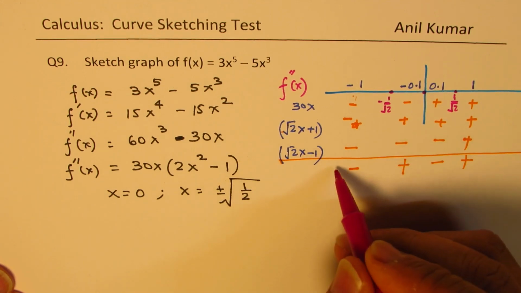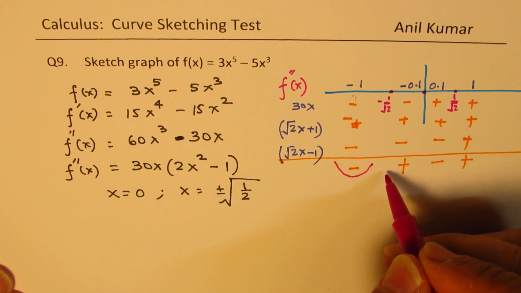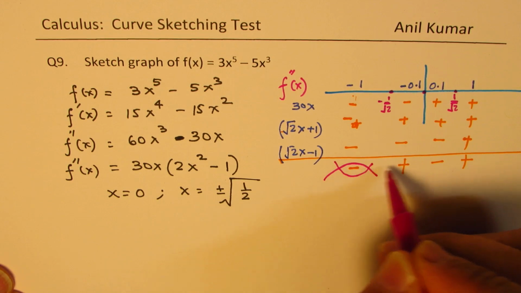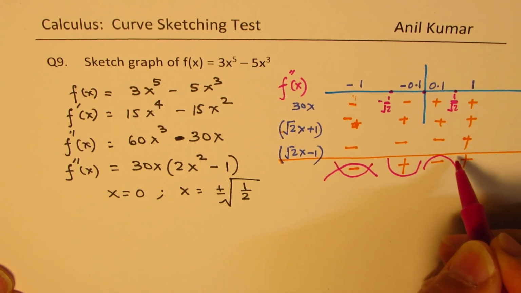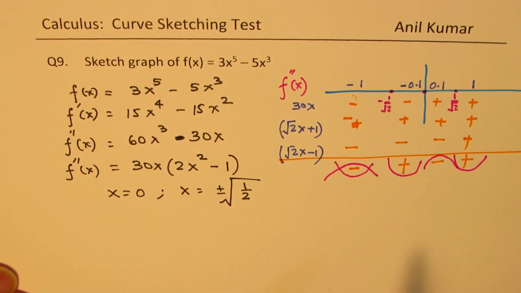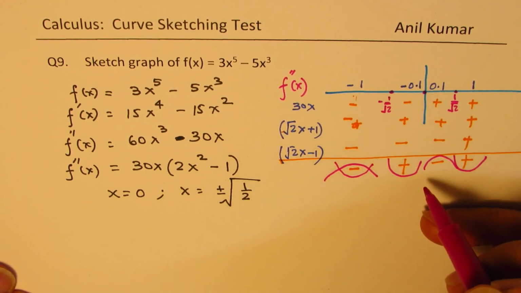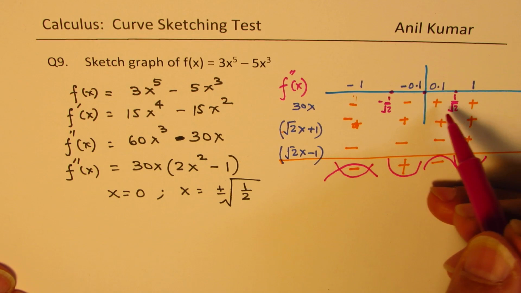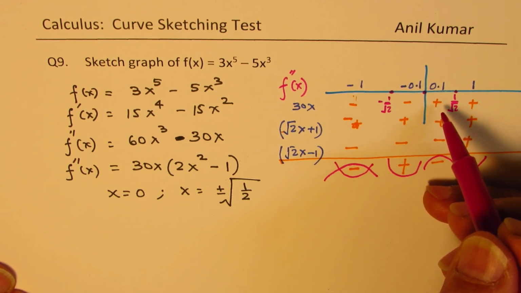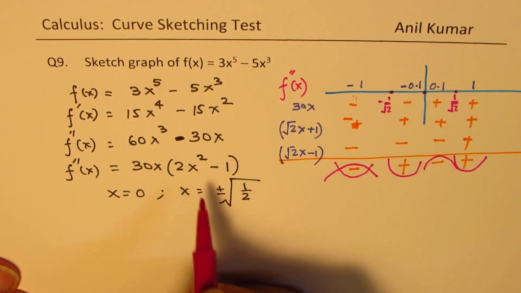So that really means that the function will be concave down for negative, concave up, concave down, concave up when it is positive. So the concavity changes at plus and minus square root 2, and it also changes at 0. So we have 3 points of inflection.